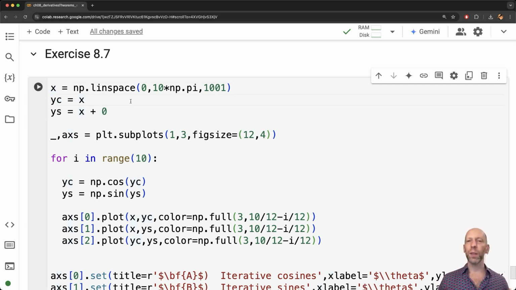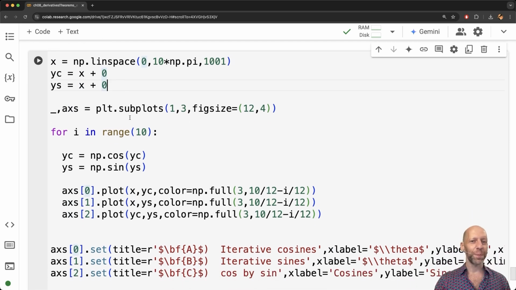So you could explicitly create a copy by using the copy module in Python. But if it's just numeric data, a simpler way to do that is to add 0, and that just guarantees that this variable and this variable really are distinct. We can change each one independently. Okay, that's just a little bit of Python computer science stuff.